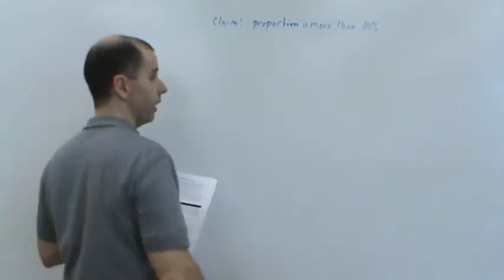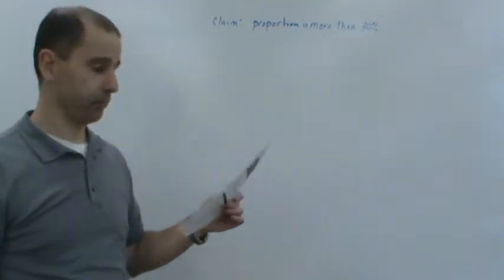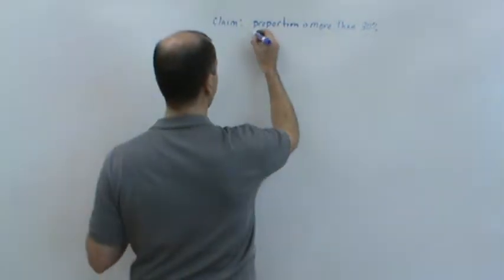So what does this mean? It's not talking about a mean. It doesn't say average or mean. It says proportion, so we're talking about P.